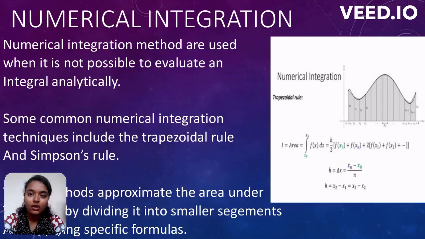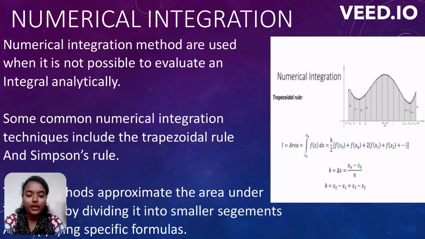Now let us see about numerical integration. Numerical integration methods are used when it is not possible to evaluate an integral analytically. Some common numerical integration techniques include the trapezoidal rule and Simpson's rule.